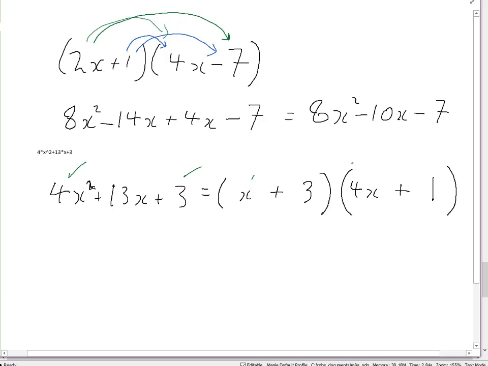Then this times this gives you x, and this times this gives you 12x. So 12x plus x gives you 13x. So they're all positives, and that gives you the correct answer.